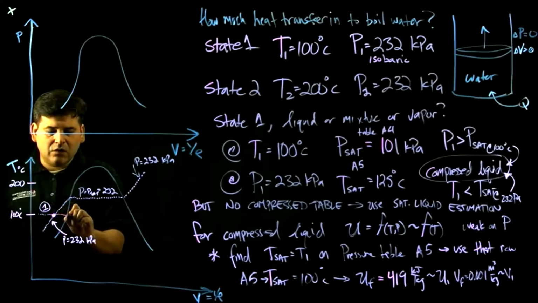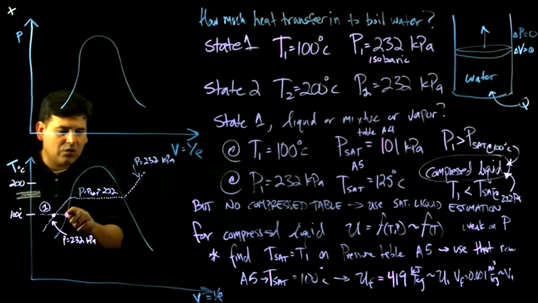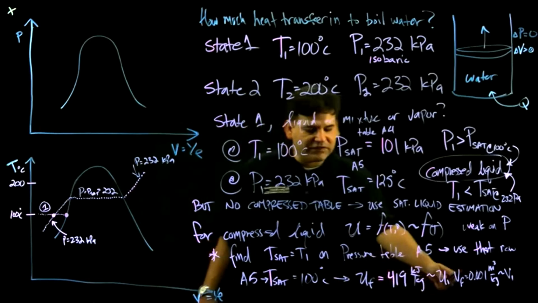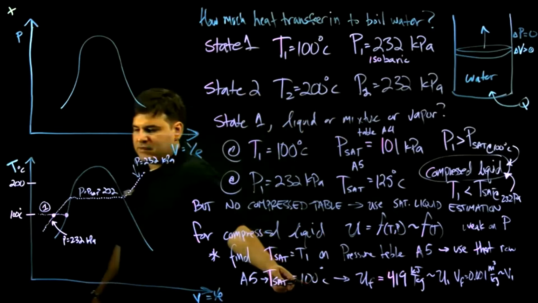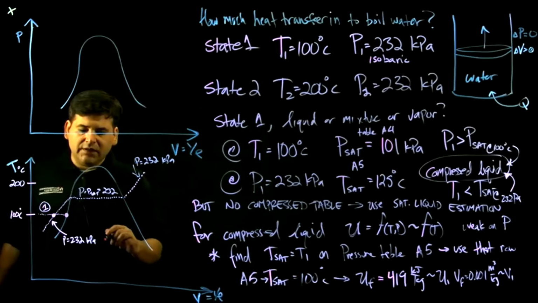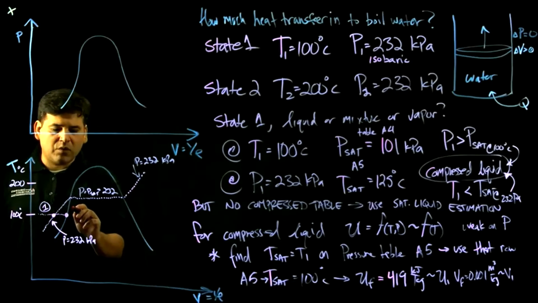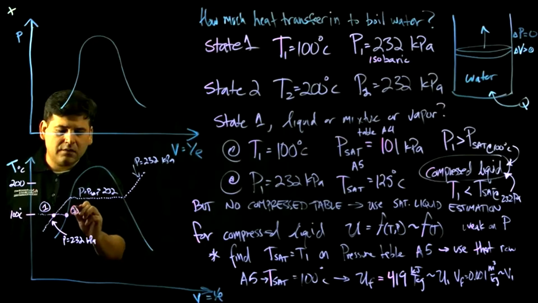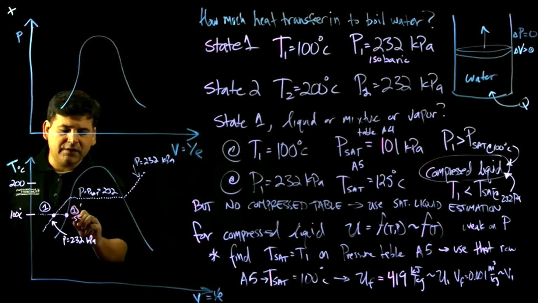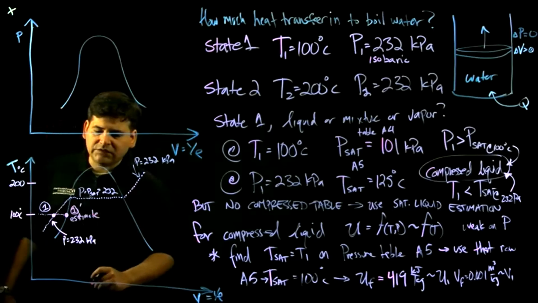So let's take it all the way to this borderline, which is these F values on the table at 100 Celsius. So this would be, let's call it 1 prime. This would be our estimate.